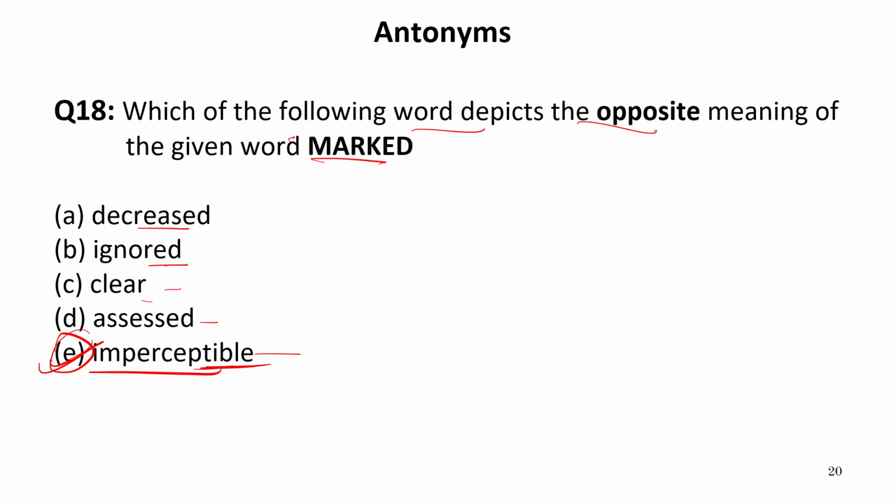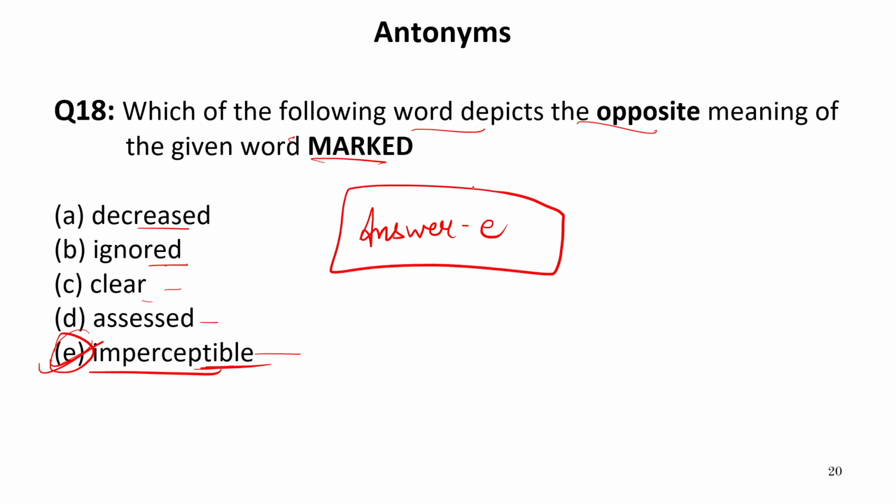So sometimes we have been given some words which are alike or which can depict same meaning, but we have to mark that particular word which is actually the antonym of this particular word. If it is not given, then we can go for another options. So our answer is E, that is imperceptible.